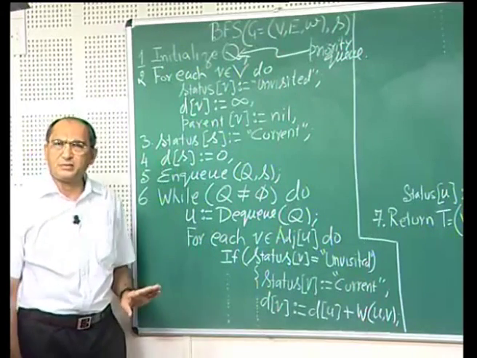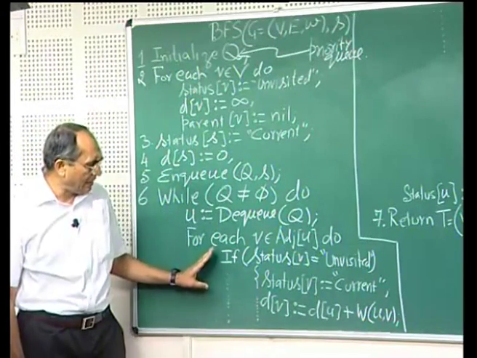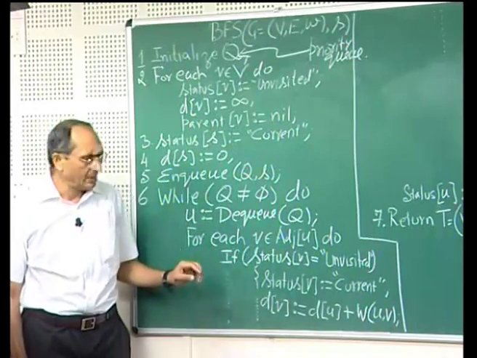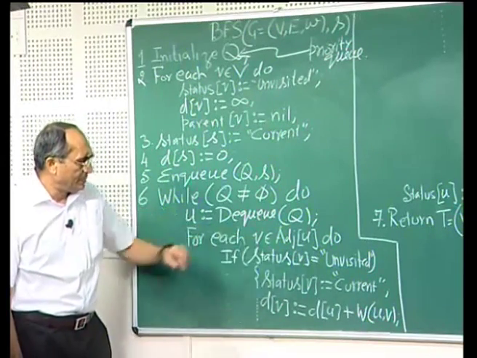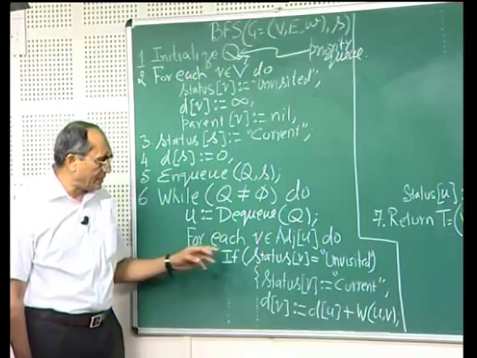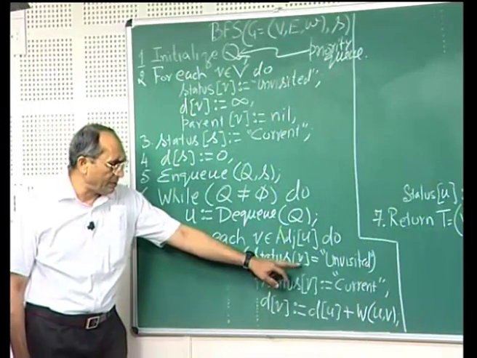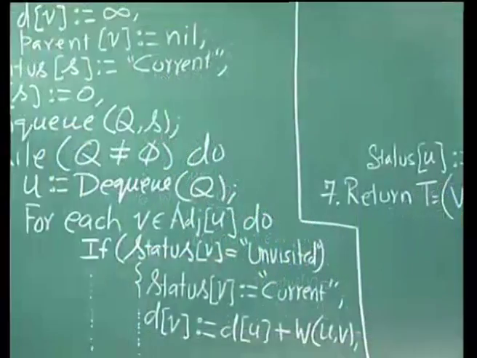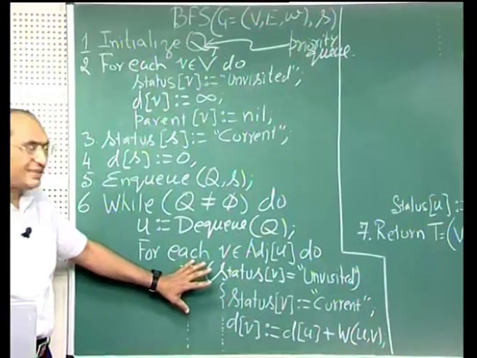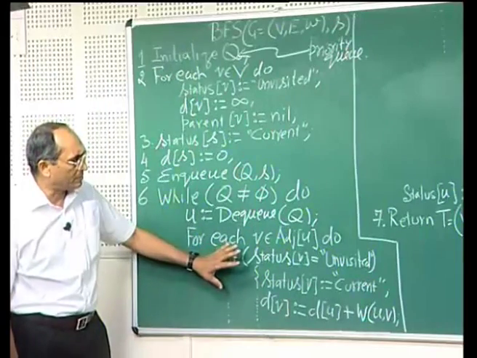There are three possibilities. There are three kinds of status values. Either the current status value is unvisited for that neighbor v, or it is current, or it is possible that it is status visit complete.